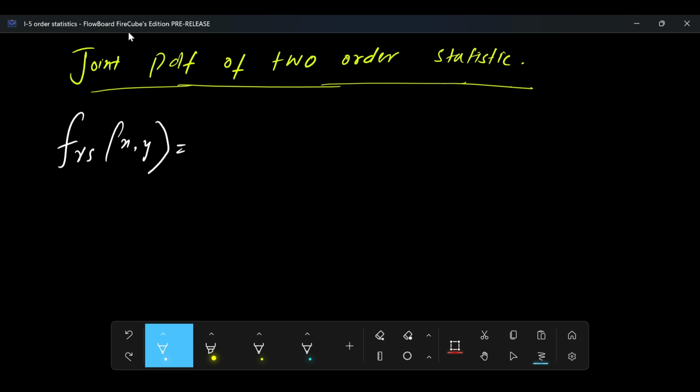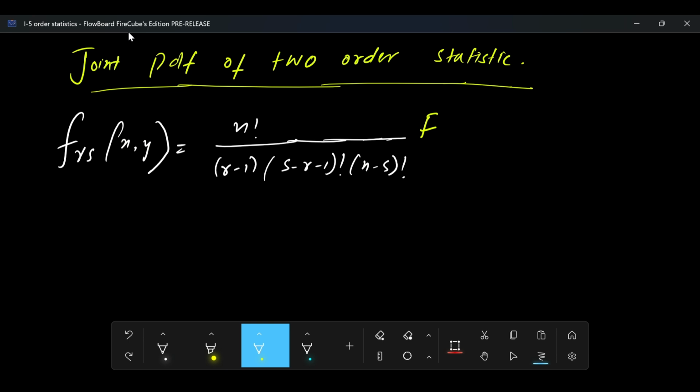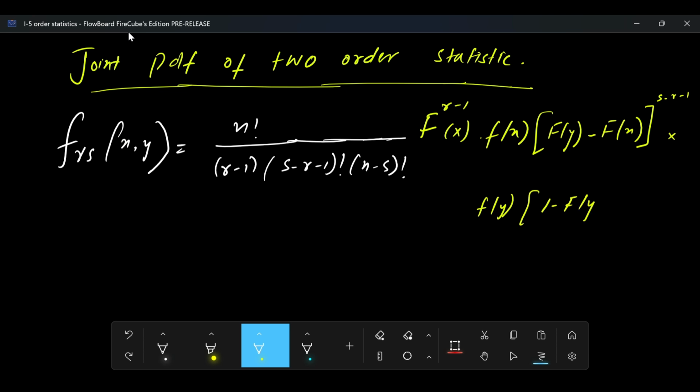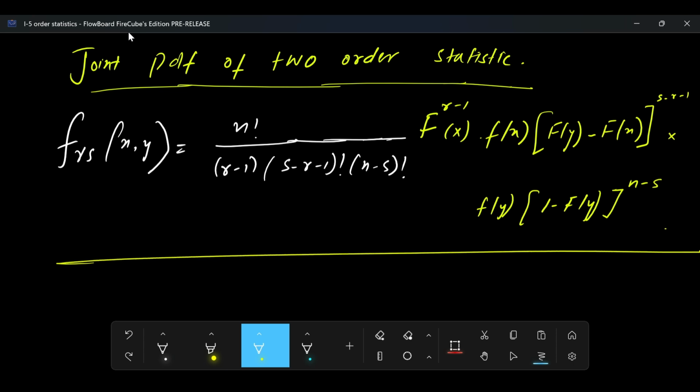This is simply equal to n factorial upon (r minus 1) factorial, (s minus r minus 1) factorial, (n minus s) factorial, then F of r minus 1, small f of x, and then capital F of y minus capital F of x raised to the power s minus r minus 1, multiplied by f of y, (1 minus F of y) to the power n minus s. This is your joint PDF of two order statistics.